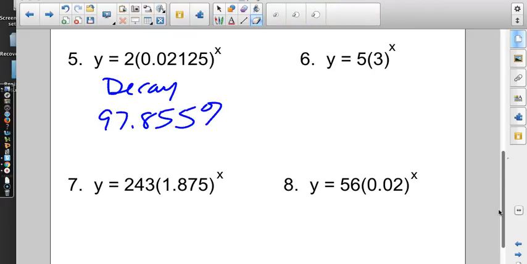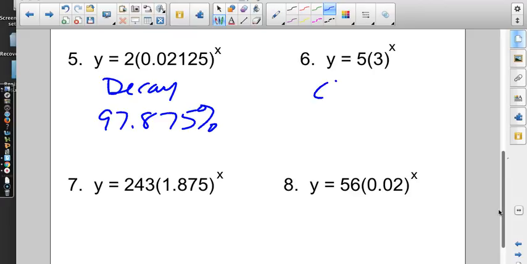Again, you can write the equations like I showed you earlier, or you can just think backwards in terms of money. Number 6, growth or decay? Growth, quite a bit of growth. And a lot of people wrote down 2, but remember, you have to move the decimal back 2 places.